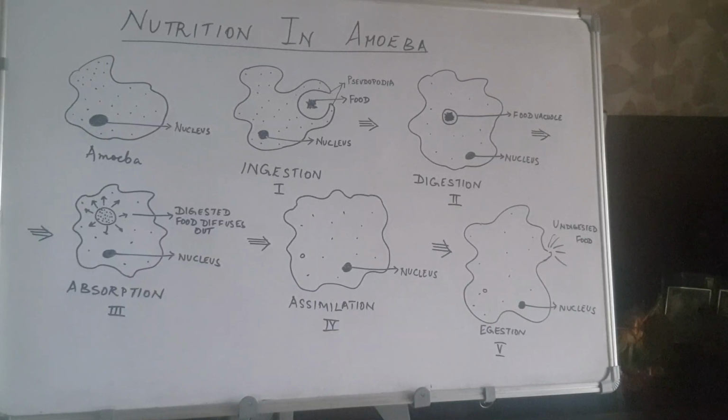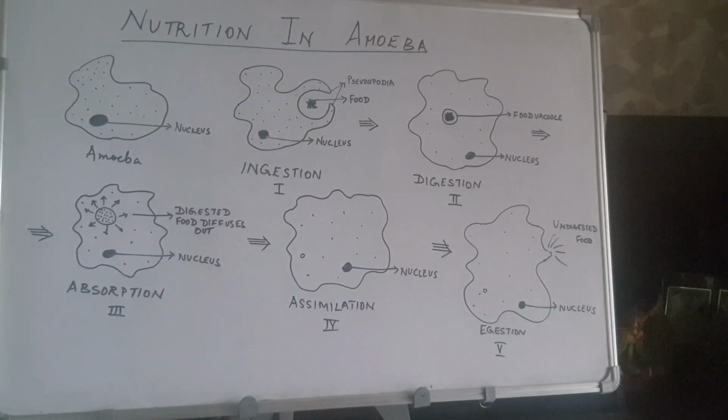The same process occurs in the case of a unicellular organism, but it differs because it is not a multicellular organism. So after ingestion, the second step is digestion, in which the food vacuole is present within the body of amoeba, and there are certain digestive enzymes which help in digestion of food within the body of amoeba.